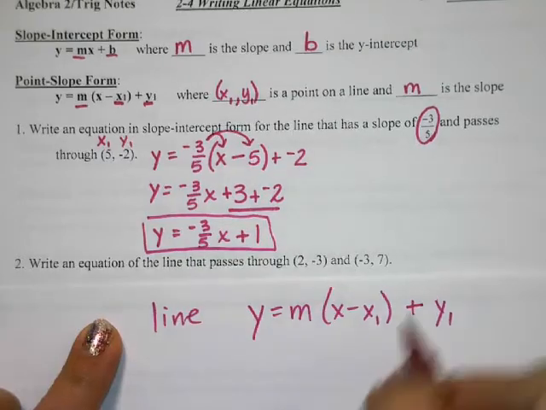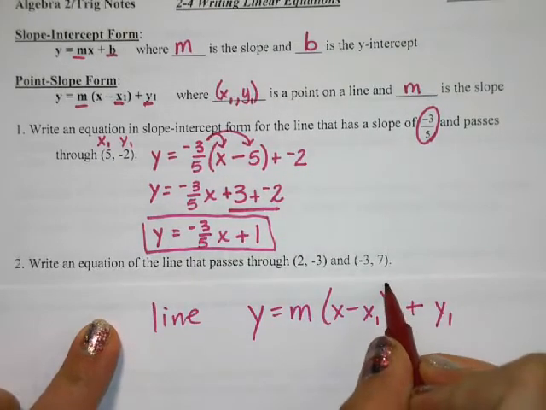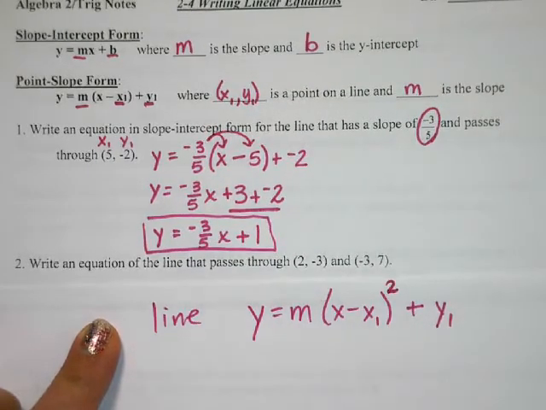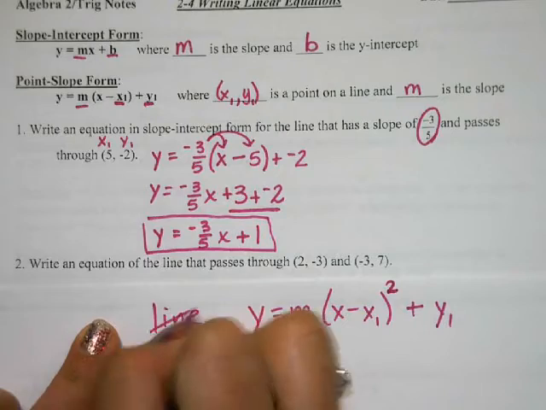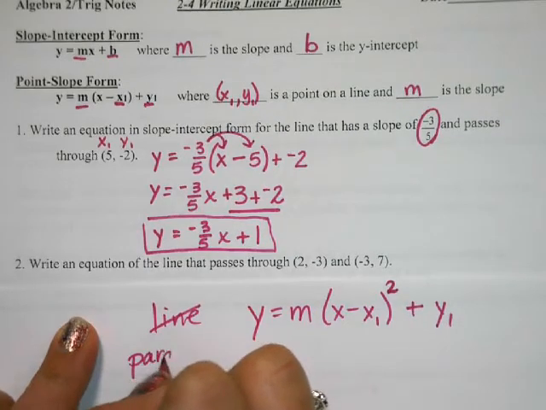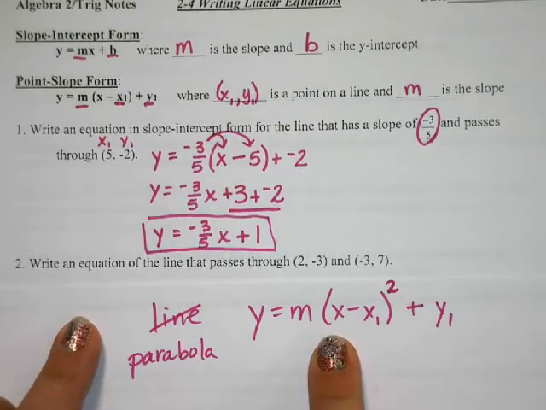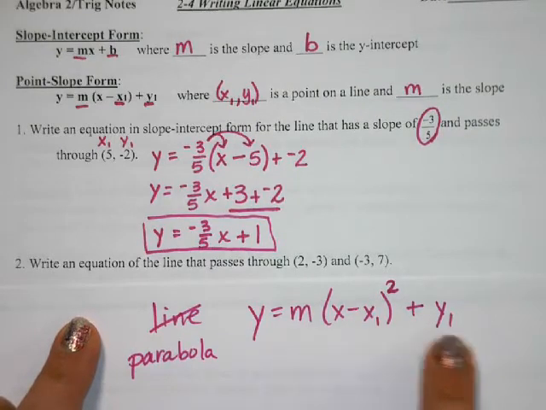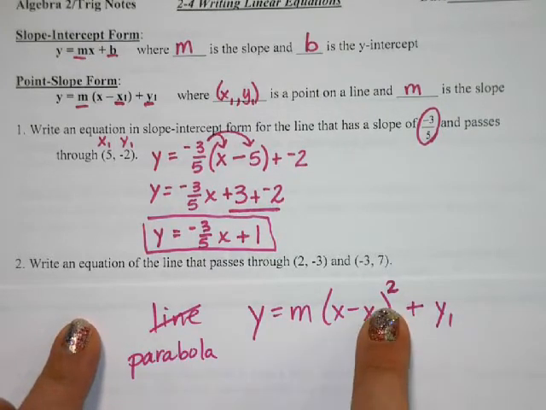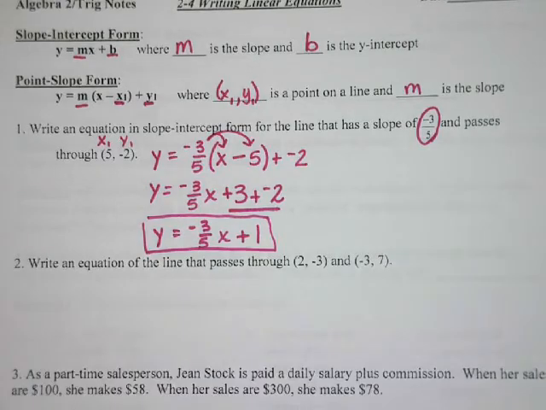When I add an exponent there, all of a sudden this guy is now a parabola. And we call this vertex form. So it gets us used to seeing things in this form, and then we can just throw an exponent up there and we see a parabola. That's the other thing I like about it. Okay, cool. Questions on that first one?